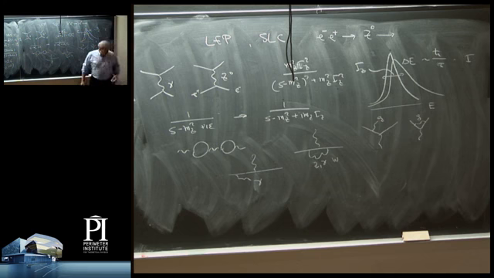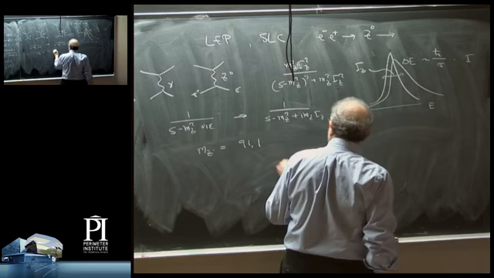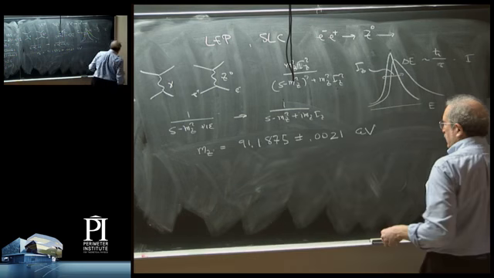So experimentally, the numbers are the following. The mass of the Z is 91.1875 plus or minus 0.0021 GeV. So this is now at the 10 to the minus 5 level of accuracy.